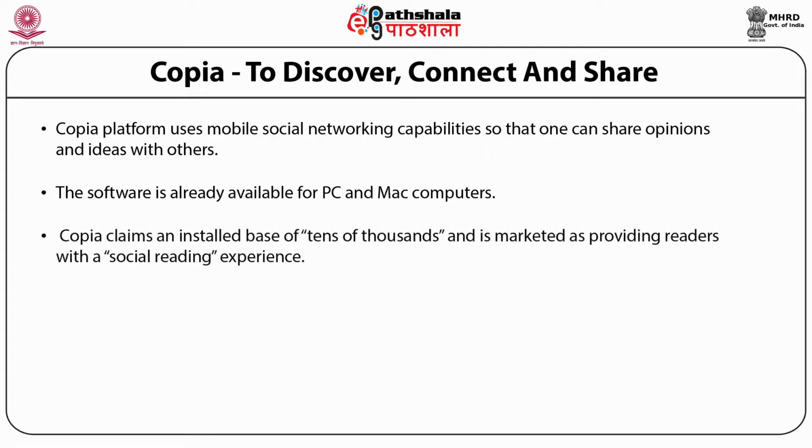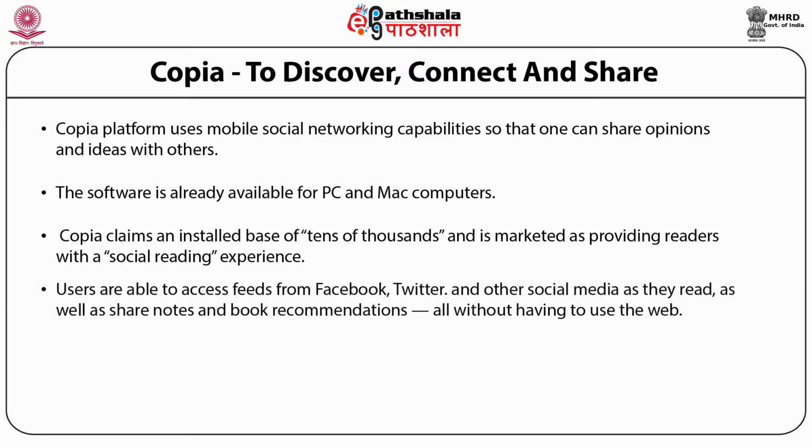Copia claims an installed base of tens of thousands and is marketed as providing readers with a social reading experience. Users are able to access feeds from Facebook, Twitter, and other social media as they read, as well as share notes and book recommendations, all without having to use the web.